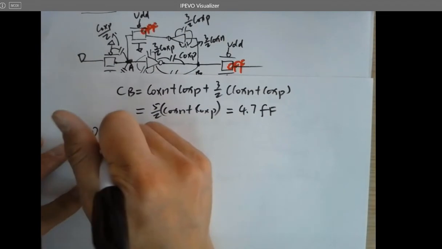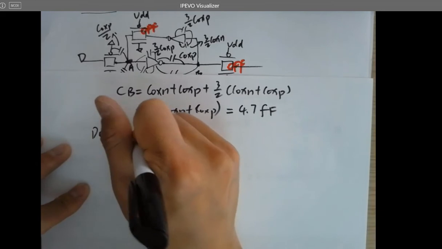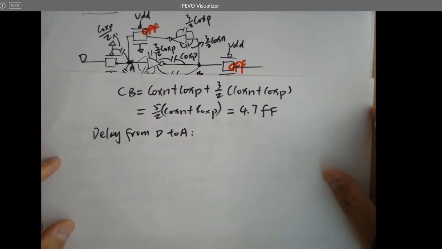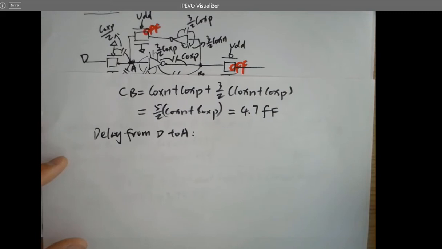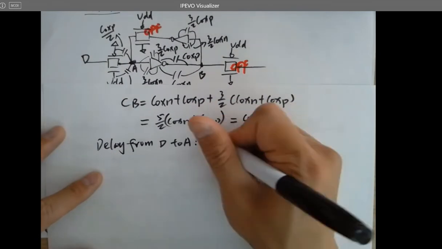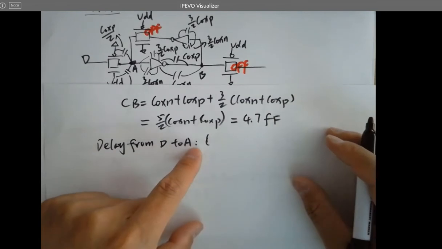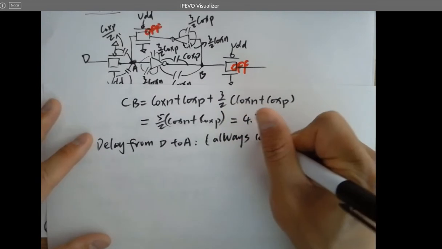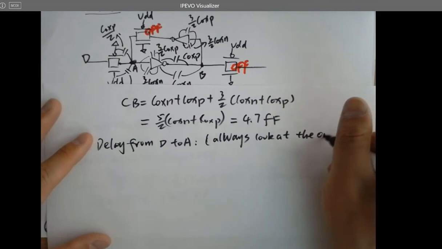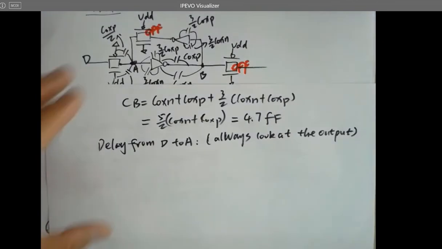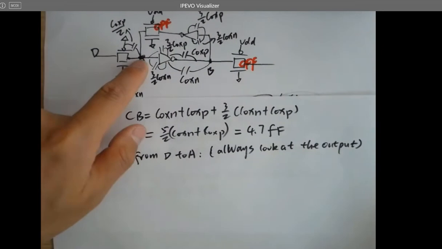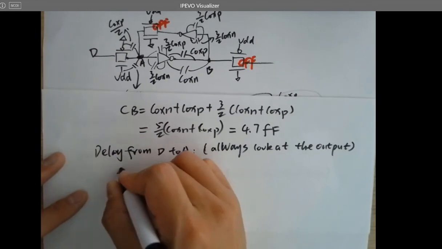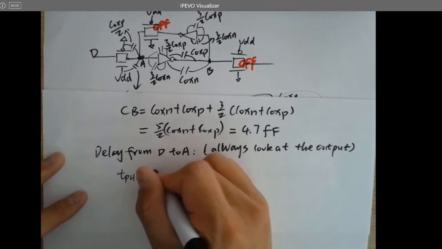So delay from D to A. Whenever you are being asked to do this, always look at the output, which means whenever you are trying to figure out the time delay from D to A, you're looking at A. So TPHL equals TPLH.